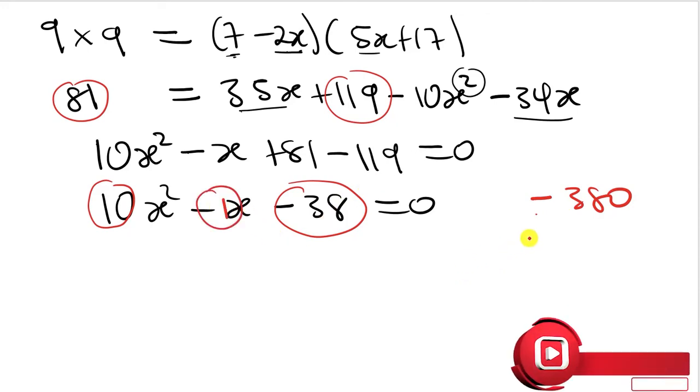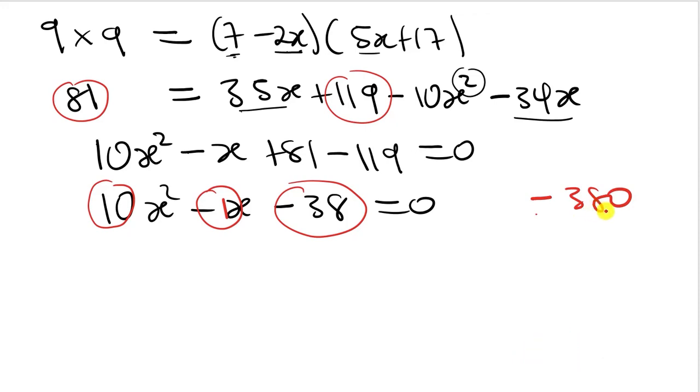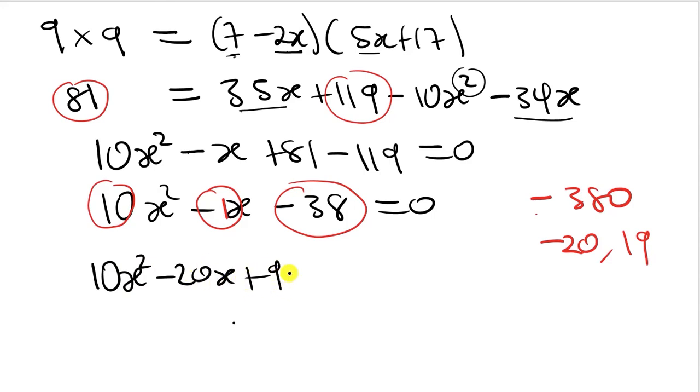So we are going to consider these two numbers, minus 20 and then 19. Therefore, we have 10x squared minus 20x plus 19x minus 38 is equal to 0.